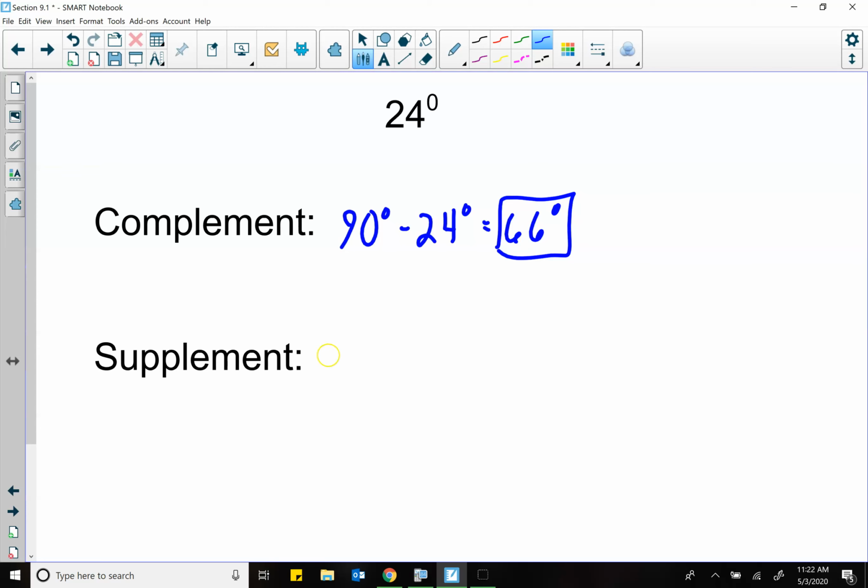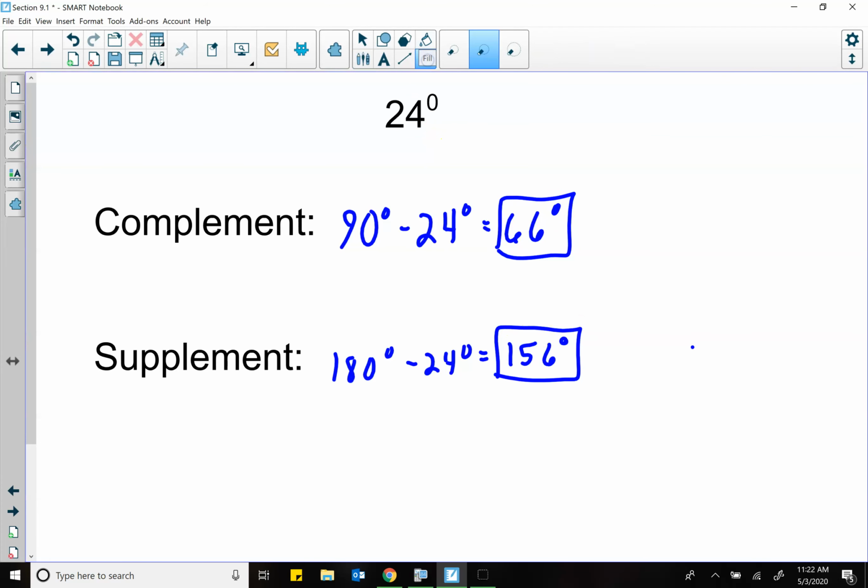To be the supplement angle, all you have to do is take 180 degrees minus the 24 degrees, and that will give us 156 degrees. And there's the supplement. Because if I take 24 and 66, they're complementary because they add to 90. If I take the 24 and the 156, they're supplementary because they add to 180. That's all they want. So there's a little bit of geometry for you.